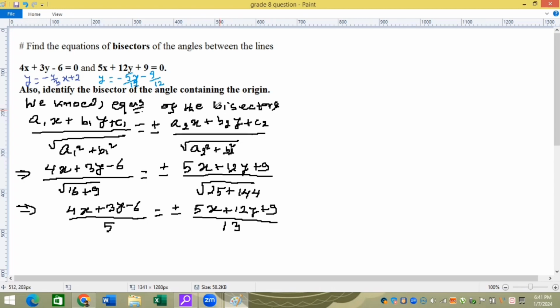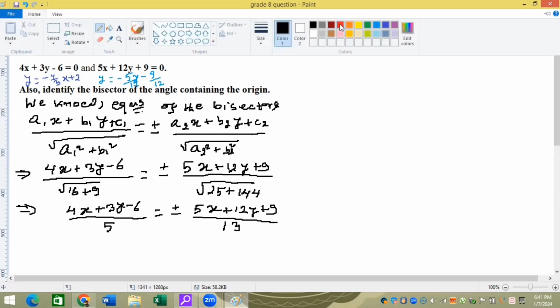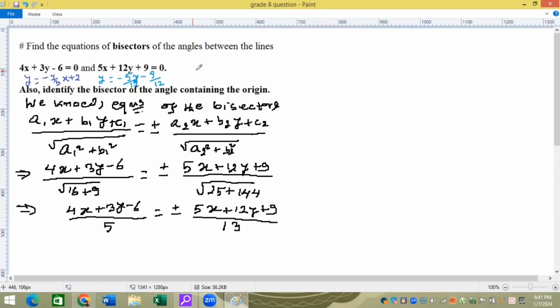All right. So in this case, what you can see is that, firstly, origin means the point (0, 0). That means its x value is 0 and y value is also 0.